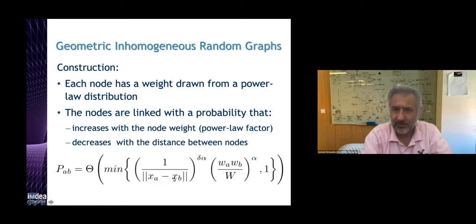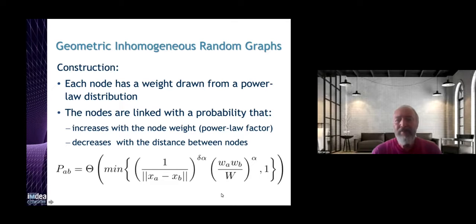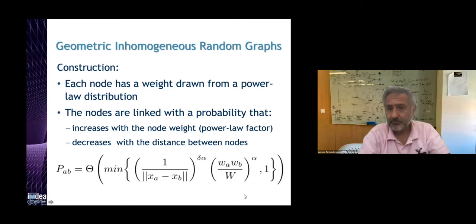That was the weight that Kleinberg was assigning to a long distance link: 1 divided by the distance to the dimension. And the other factor is essentially the Chung-Lu factor: choosing a node depends on the weight of that particular node.